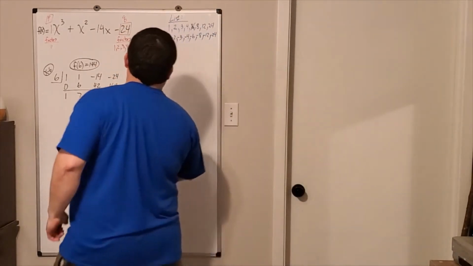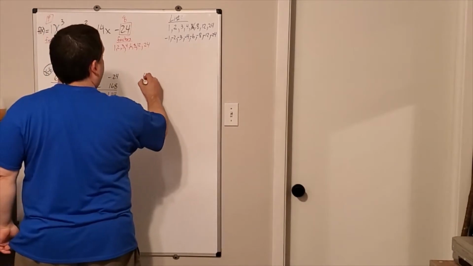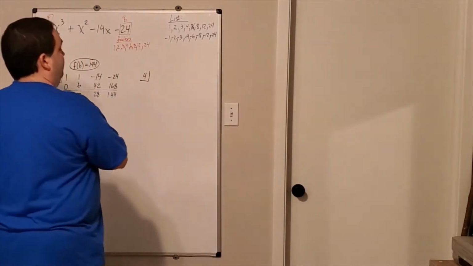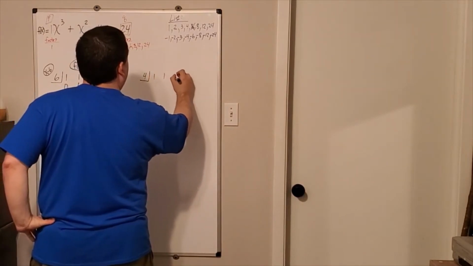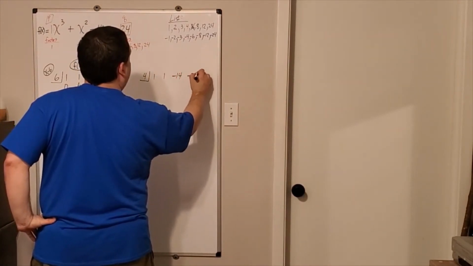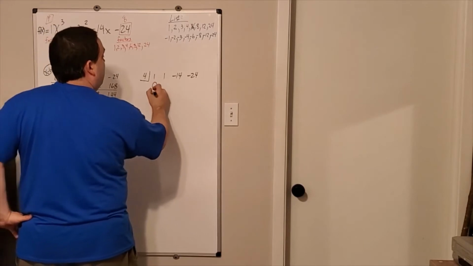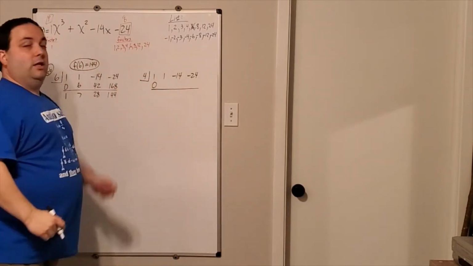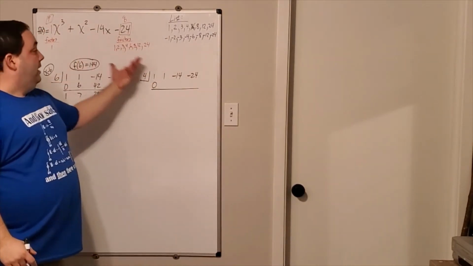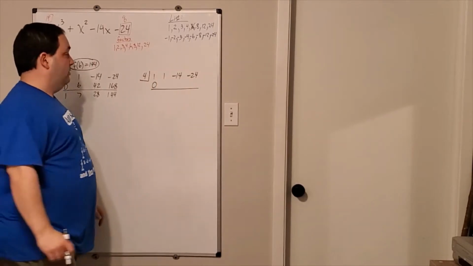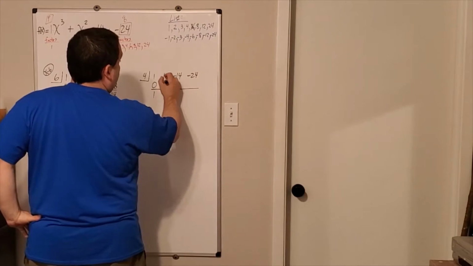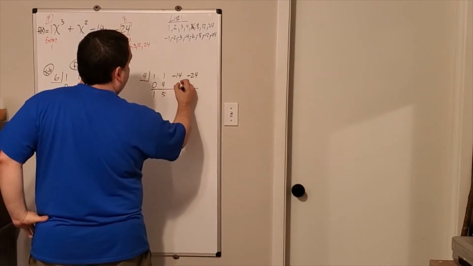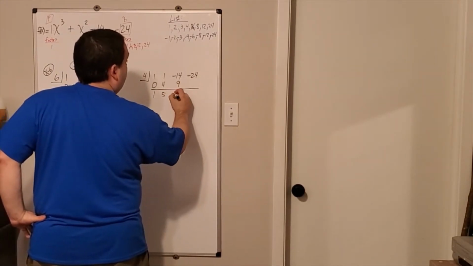Let's say we guess 4 this time. So then I would put my numbers 1, 1, negative 14, and negative 24. Set up my division again on the polynomial because I haven't broken it down any. So I still have the same original numbers. So 1, multiply, add, multiply, add.